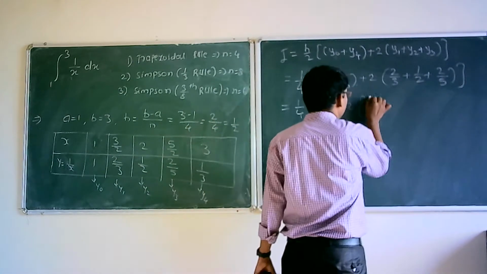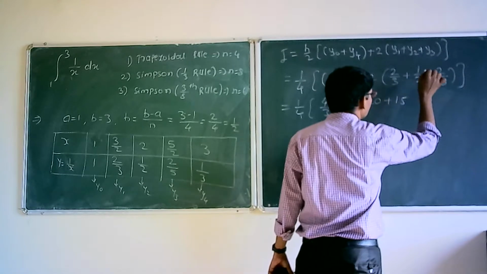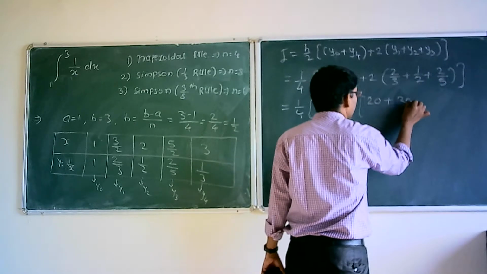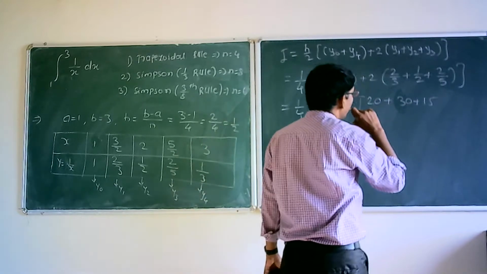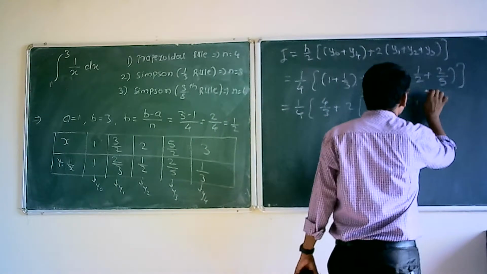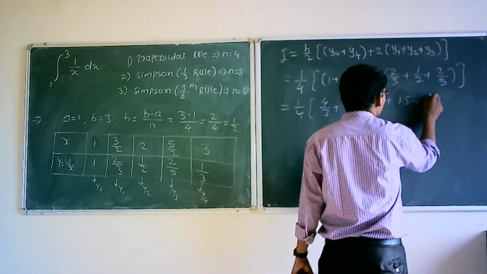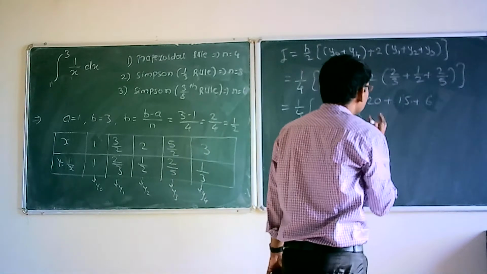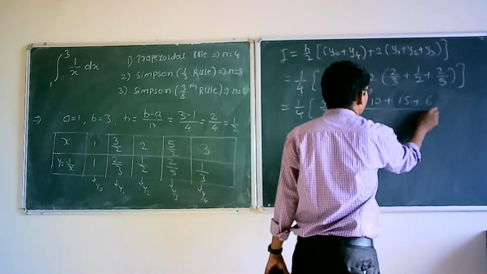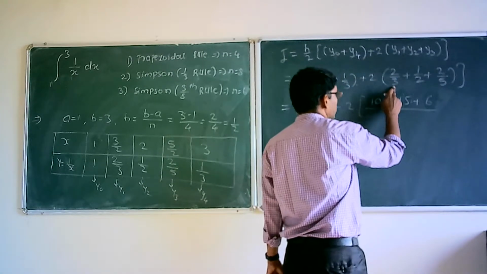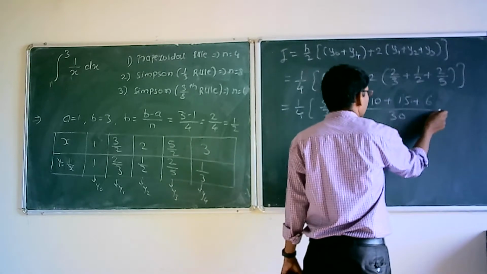If you want 2 here, you multiply by 15, here you multiply by 6, and here you multiply by 10. 10 times 3 is 30, 15 times 2 is 30, and 6 times 5 is 30. This whole divided by 30.